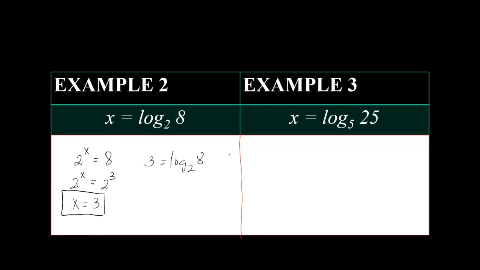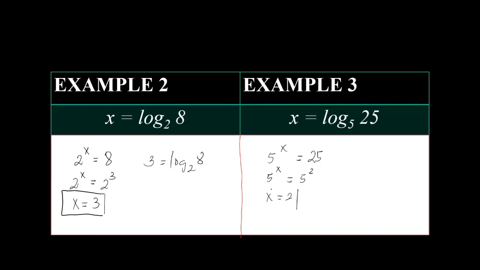Now let's have another example, which is x is equal to logarithm of 25 base 5. So we have the base 5 raised to x is equal to 25. Transform 25 into exponential form. Therefore, we have 5 raised to x is equal to 5 squared. Since they have the same base, copy the exponent, so x is equal to 2.